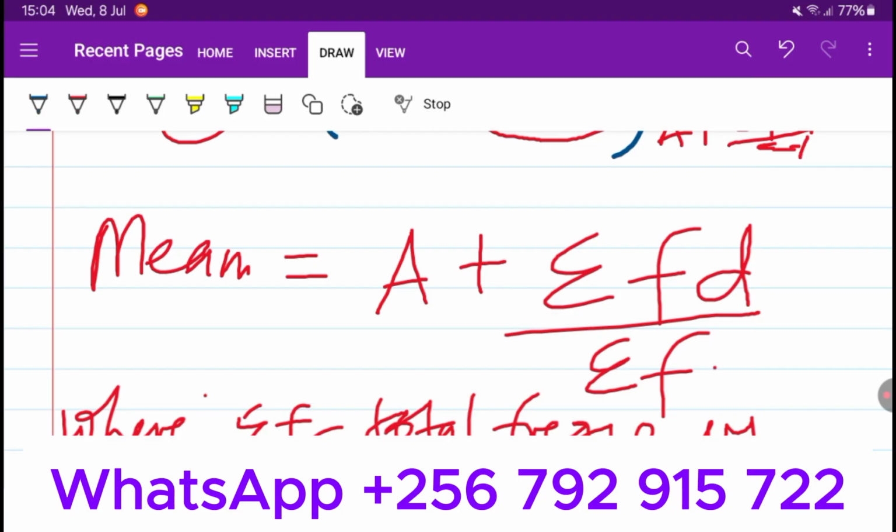Then our d is the deviation, the deviations that we have computed.